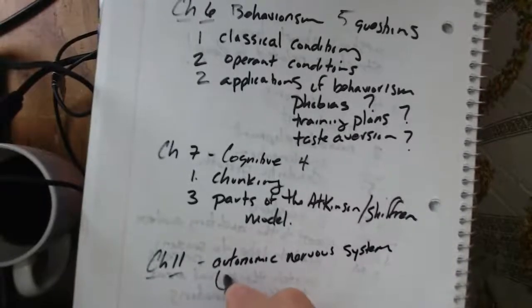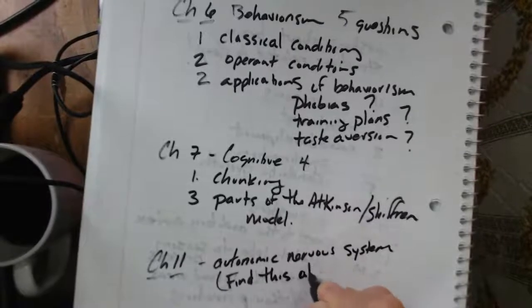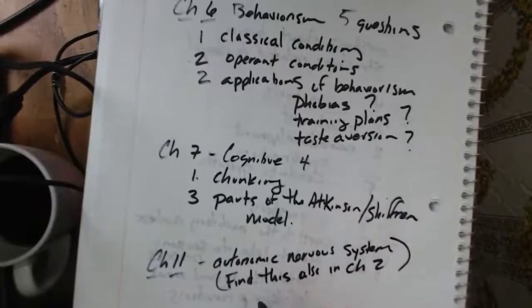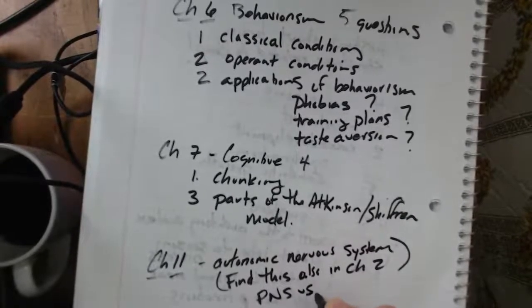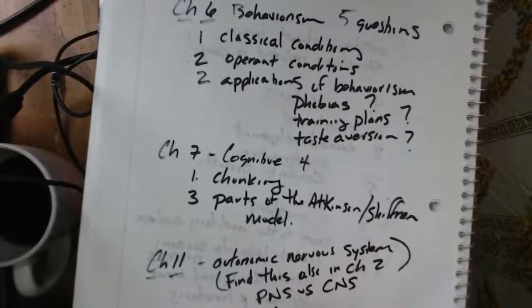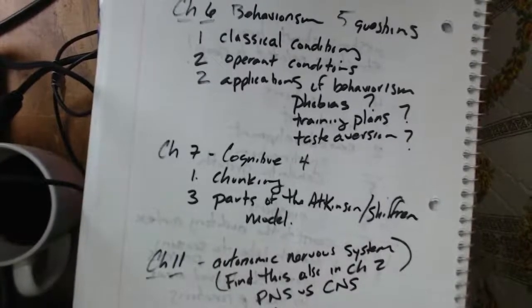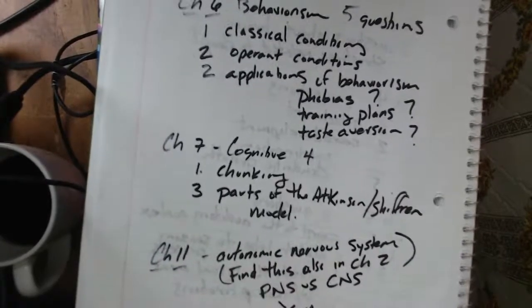Actually, you can find this also in chapter 2. And that's under PNS versus the CNS. And then we have sympathetic and parasympathetic. I don't know if you remember that from chapter 2. We talked about it briefly in chapter 2, and then I talked about it again in chapter 11 with stress.